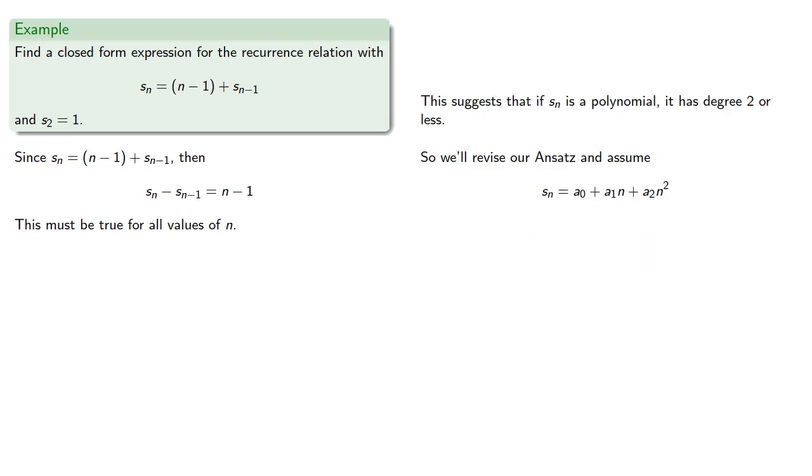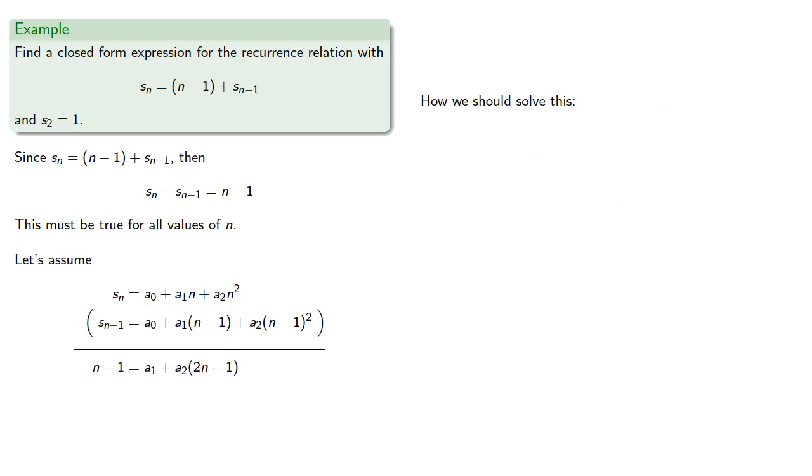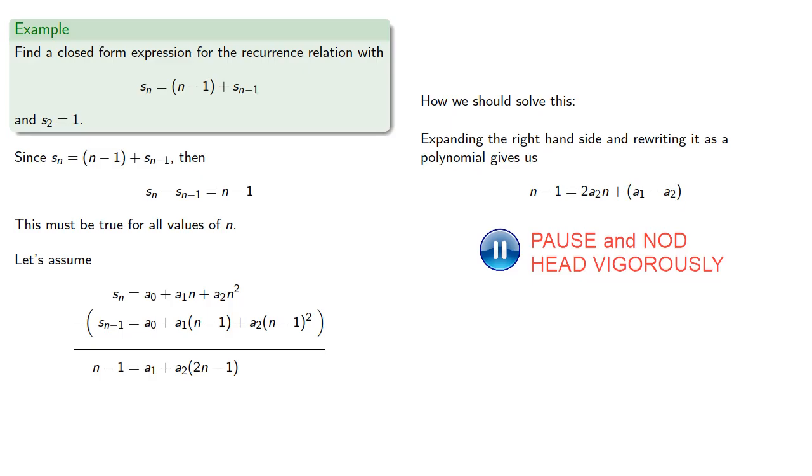Then Sn will be, and Sn minus 1 will be, so the difference will be, so first, we'll talk about how we should solve this. Expanding the right-hand side and rewriting it as a polynomial gives us, and in order for the two to be equal for all values of n, the coefficients have to be the same.